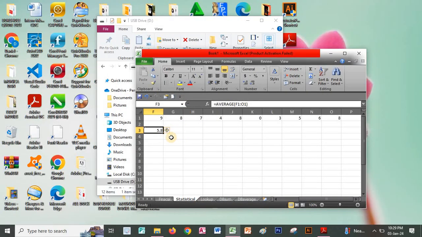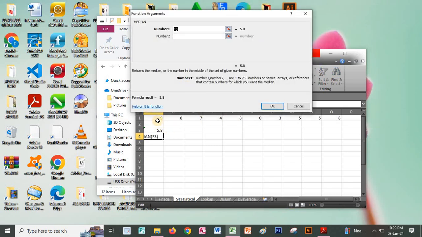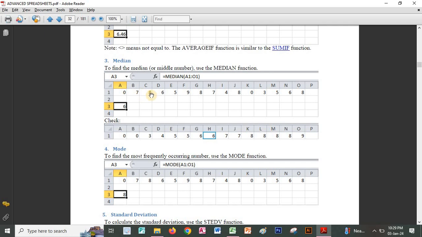Let me see. Median: the number in the middle. So from our group, the number in the middle is 6.5. It doesn't matter how they have gotten that, but ranging from 0 to 8, the one in the middle is supposed to be 6.5.